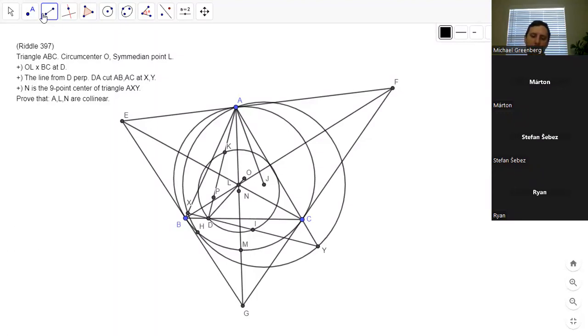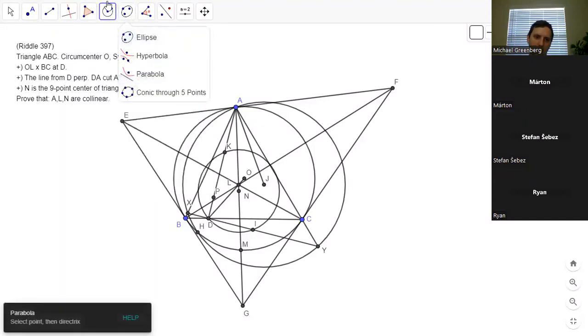That's another way to say it. Because the midpoint of PJ is N. We need to show that that's a median.